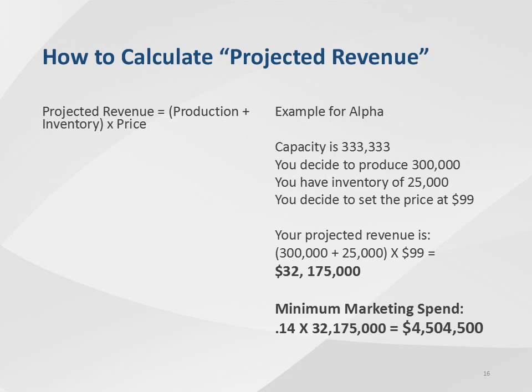You have an inventory of 25,000, and you decide to sell the product at $99 a piece. Your projected revenue then is 300,000, that's your production, plus the 25,000 inventory times $99. So your projected revenue is $32,175,000. Take 14% of that, and your minimum market spend is $4,504,500.